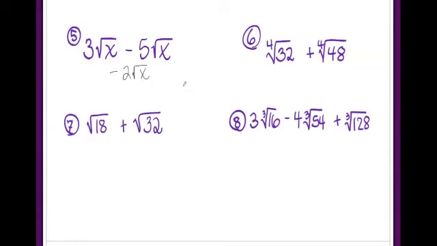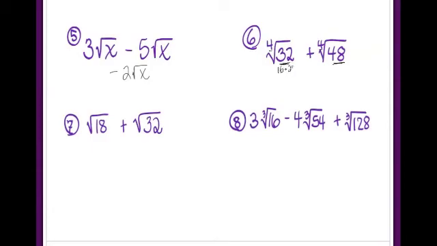For number 6 again, I have to simplify because although my roots are the same, my radicands are not. So this time I'm trying to think of a fourth root. So I know that 2 times 2 is 4, times 2 is 8, times 2 is 16. So I know 16 has a fourth root of 2.